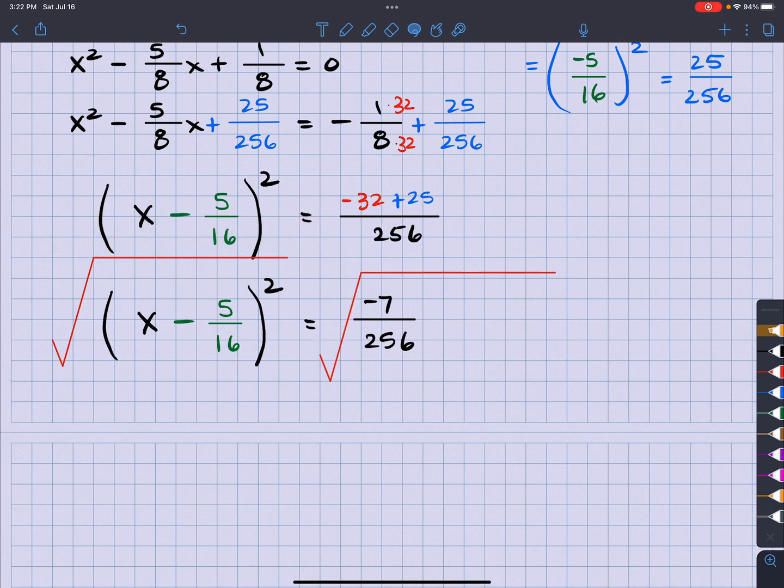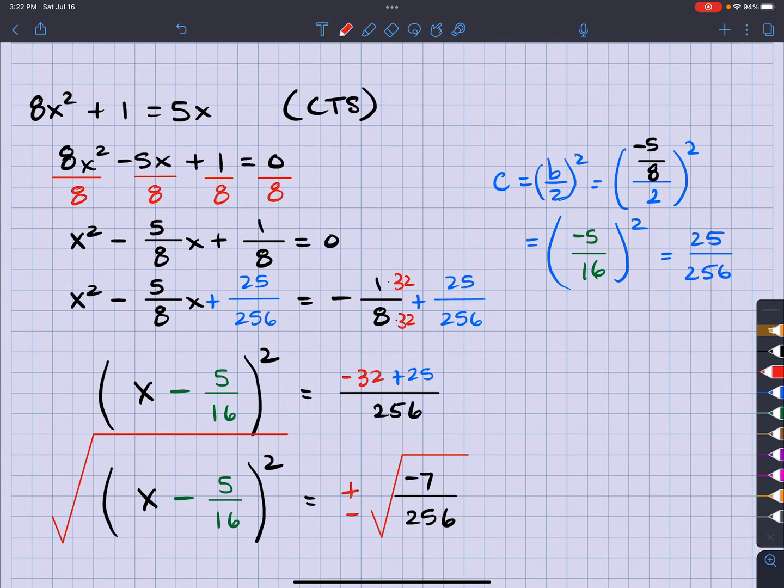But with that being said, number one, I don't think I needed that long. And number two, what else is missing here? That's right, the plus and minus. Okay? So let me see here.